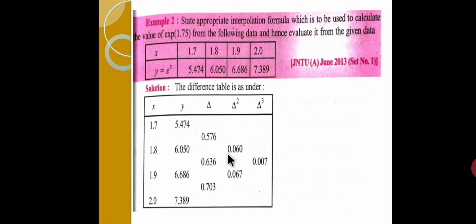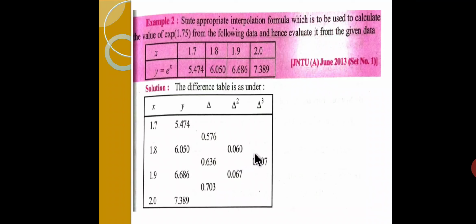Here it is delta square y0 value and this is delta square y1 value. The difference of these two values is delta cube y0, so 0.007. This is the difference table for the given data.